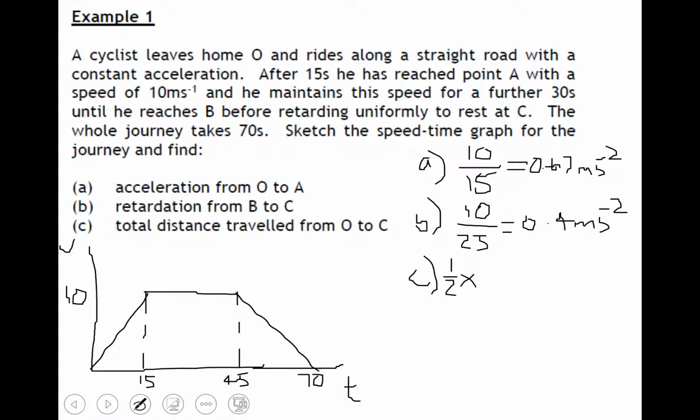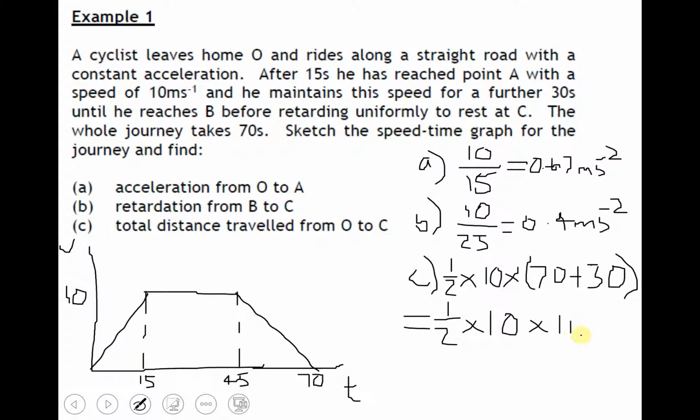Well, bottom side and top side are parallel, distance between them is 10, times the 2 parallel sides, the lengths of those added together, so 70 for the bottom and 30 for the top. So a half times 10 times 100, which is 500 meters.